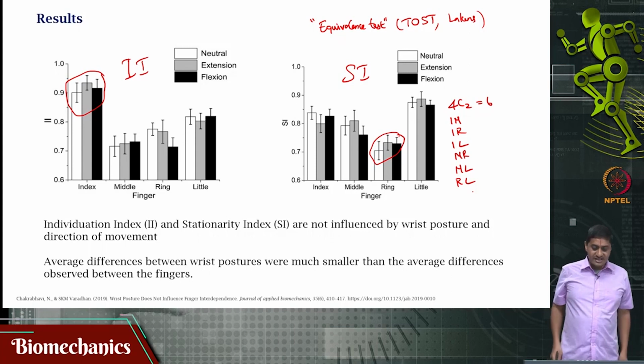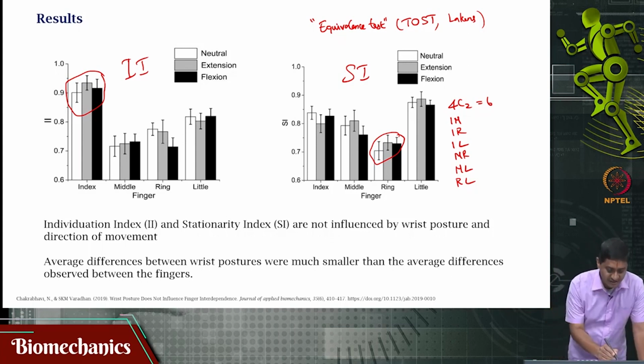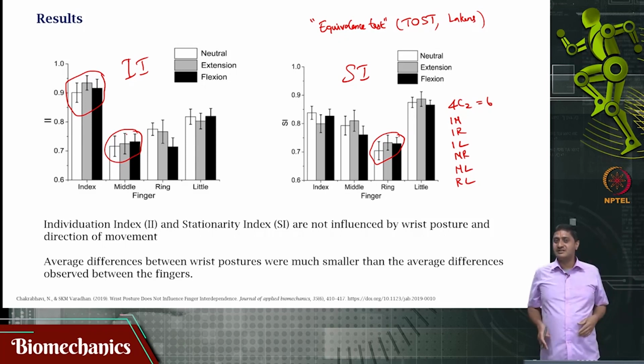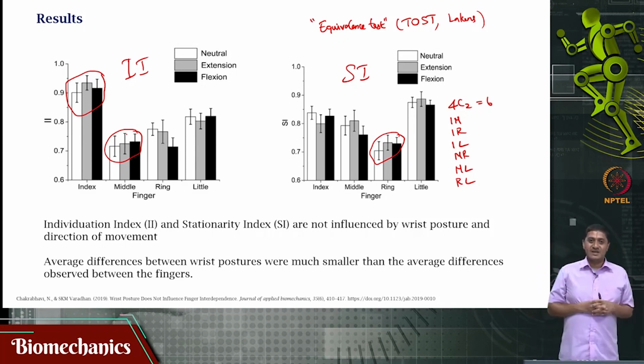And because there is finger level difference, no, for the index finger the individuation index is 0.9 or close to 0.95, but for the middle finger it is only 0.75. So, between fingers there is considerable difference.